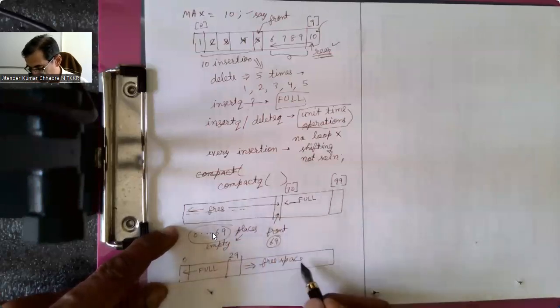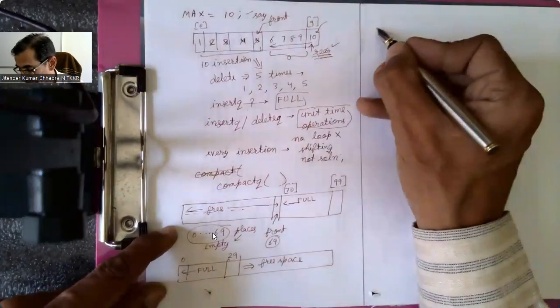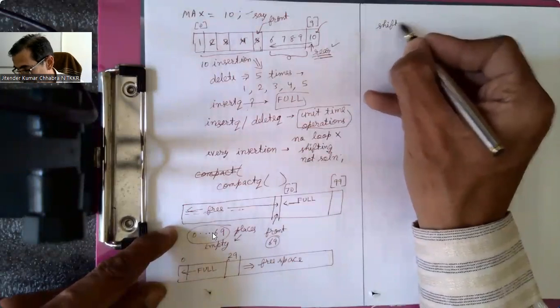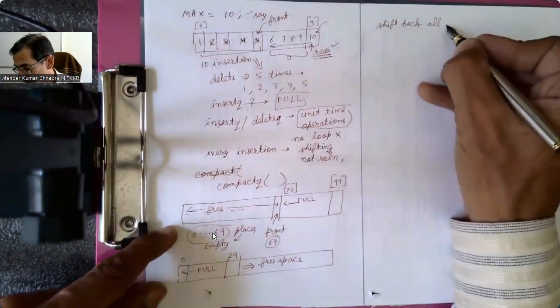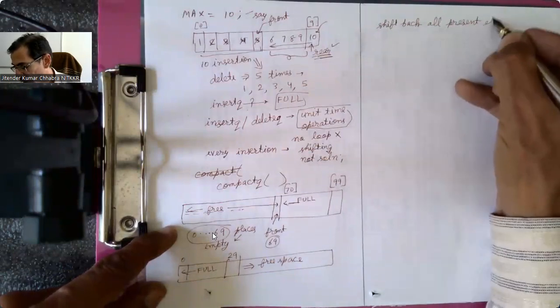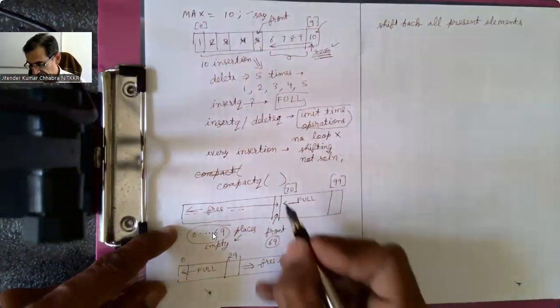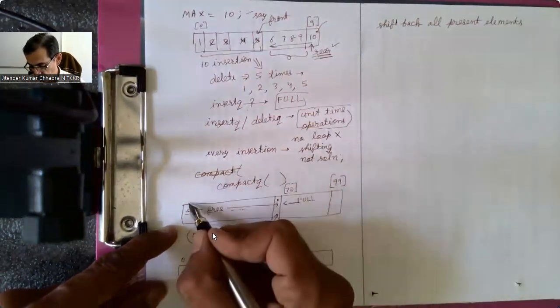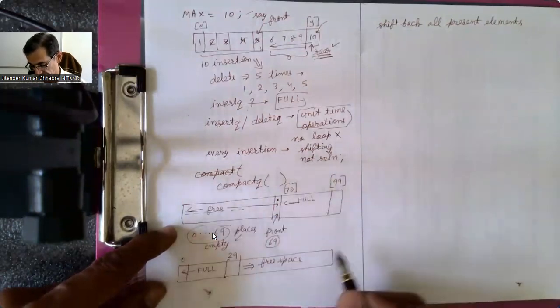Now this free space is shifted towards the right, and that will automatically mean that we have to shift back all elements present. So I can do all the shifting by copying back all values, like the 70th value to be copied at index 0, the 71st value at index 1, and so on.